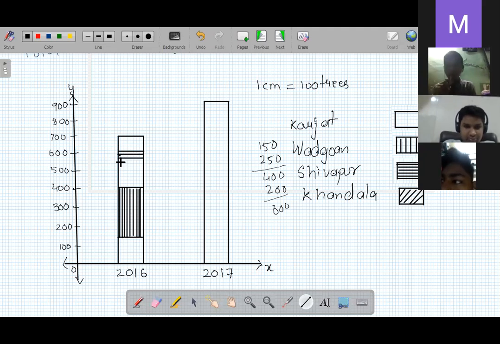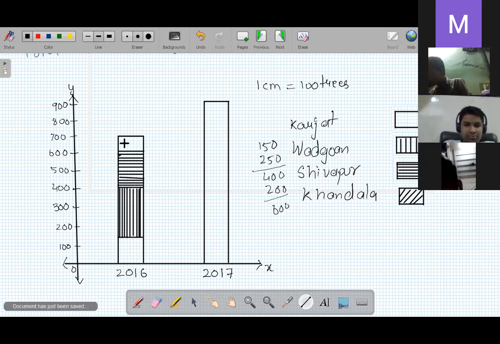So I'll draw the pattern. And last remaining is Khandala, for which the pattern is slanting lines. So I'll just draw it.